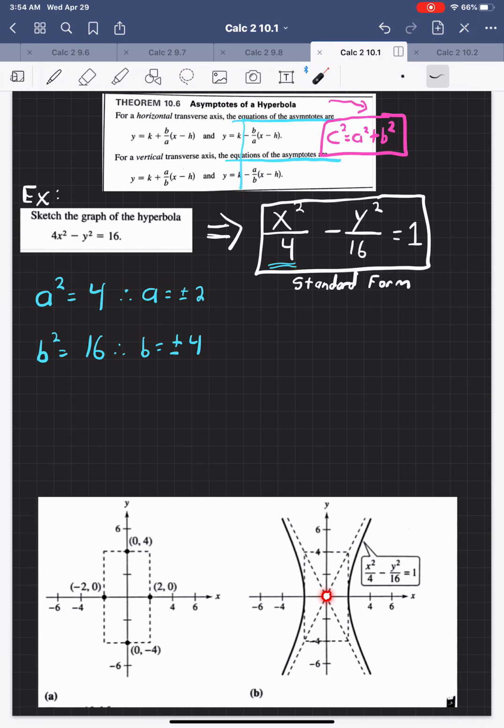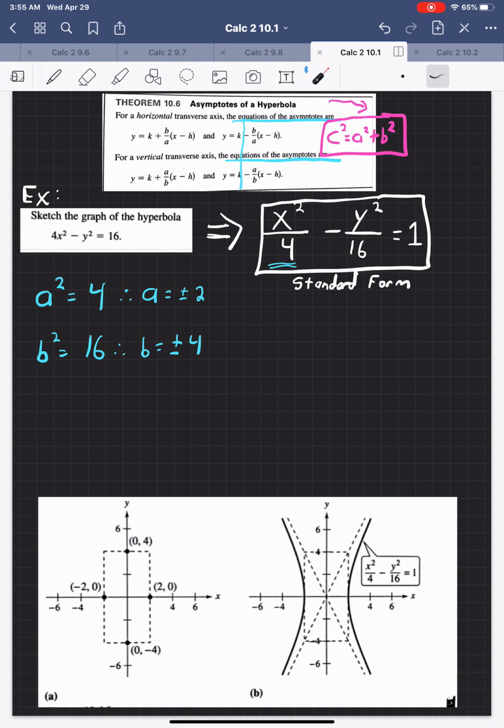So that makes things nice. The hyperbola would be drawn as such because the x is the positive variable. That means the transverse axis runs horizontally, because the x is positive.